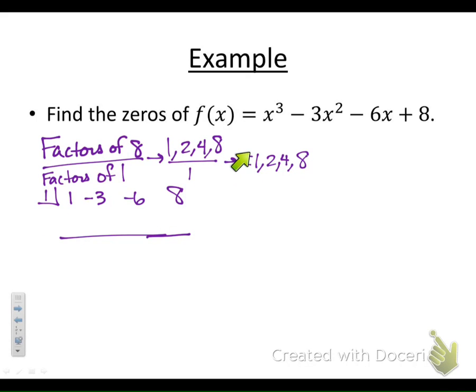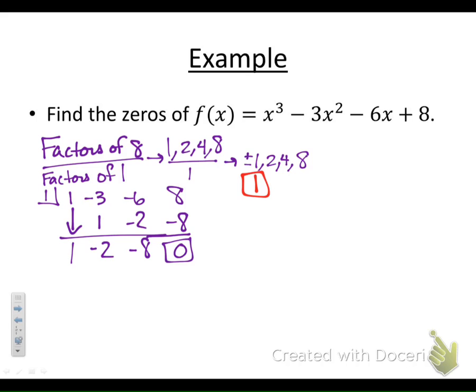So I just start picking positive 1 and then go through the synthetic division steps: bring down your first term and then multiply, add, multiply, add. Hey, nice pick. We got a 0 as a remainder, so that means it's a 0. It's an x-intercept. So 1 worked.